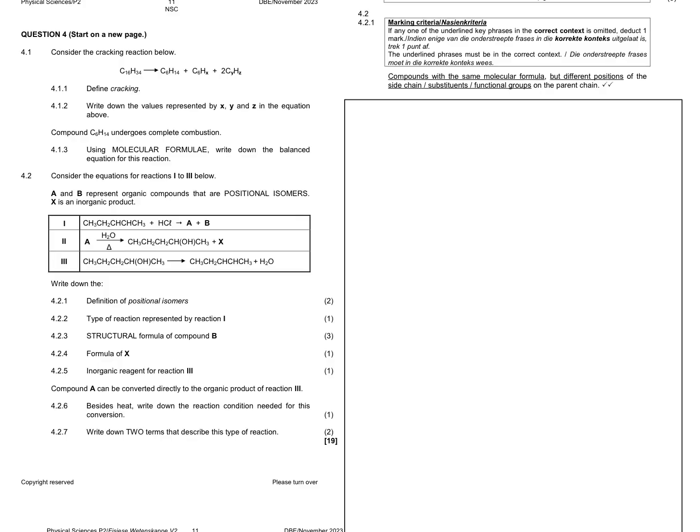Methyl pent is 1 carbon added onto 5 carbons. You can also do butane. Butane is 4 carbons. Or you can do methyl propane. So butane has got 4 carbons. Methyl propane is 1 added onto 3. It is still 4 carbons in total, but the main chain length is different.